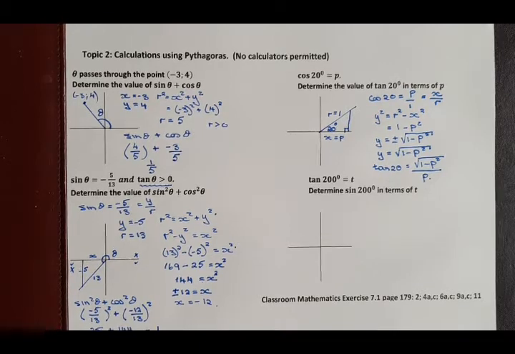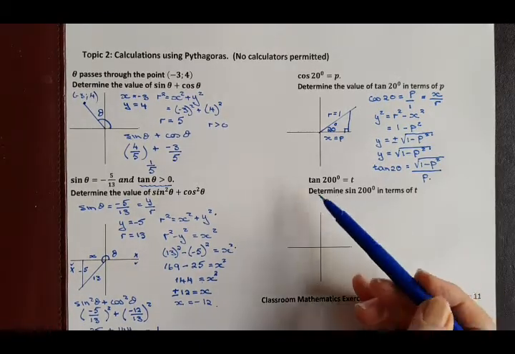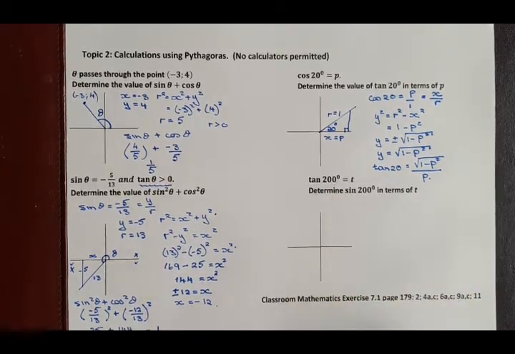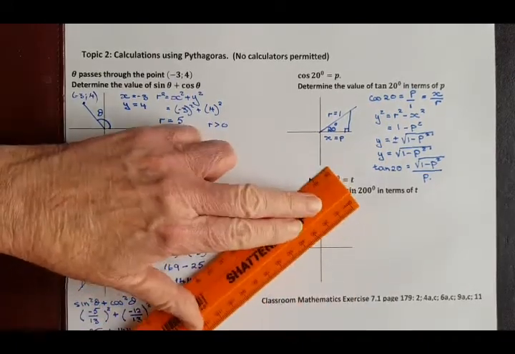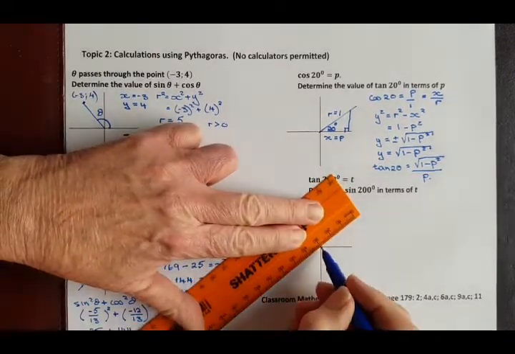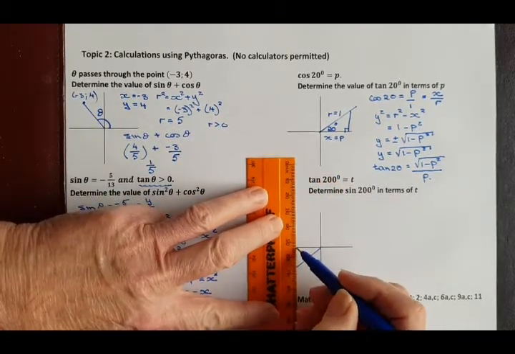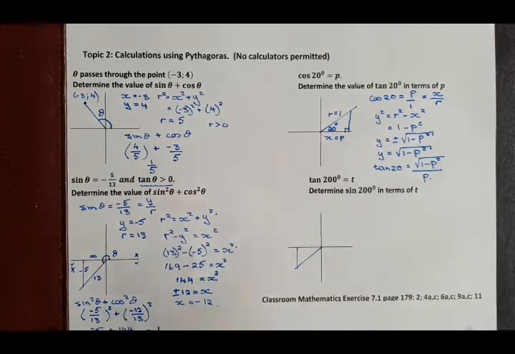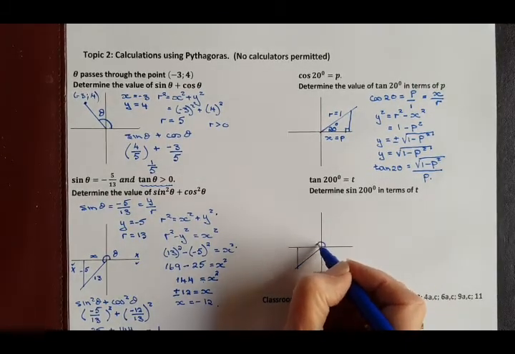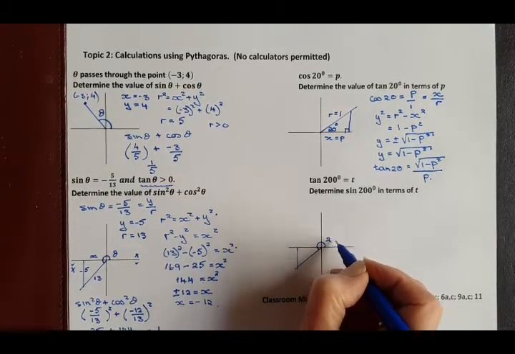Now, in this example over here, I've given you an angle in the third quadrant. Okay, 200 degrees. We're going to draw an angle over here. This would be 200 degrees.